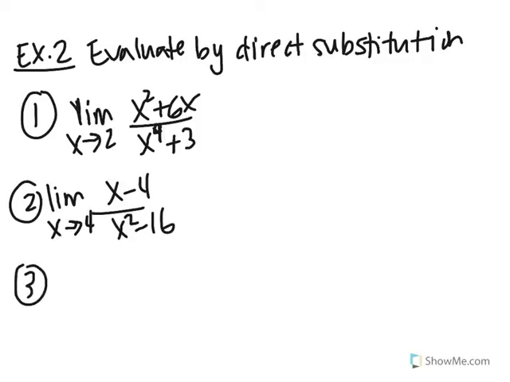Third one, I want you to find the limit as x approaches 10 of just 3. It's one of our limit laws today. So find the first two algebraically, and then number 3, use one of our limit laws from today. So I will see you tomorrow.